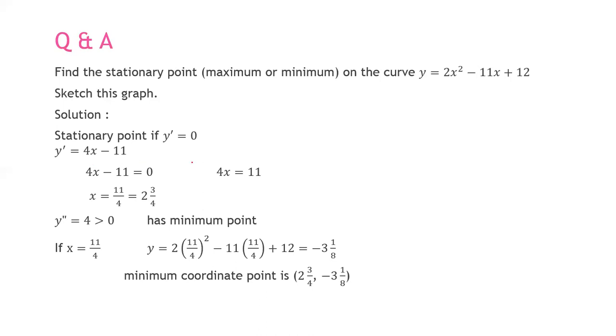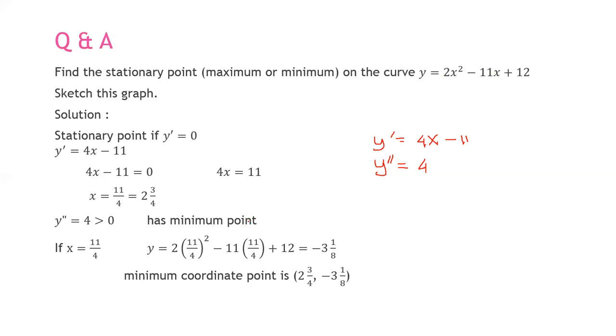The second derivative of this function equals 4, because if the first derivative equals 4x minus 11, the second derivative equals 4, since the derivative of 11 equals 0. 4 is greater than 0. Greater than 0 means this function y equals 2x squared minus 11x plus 12 has a minimum point.